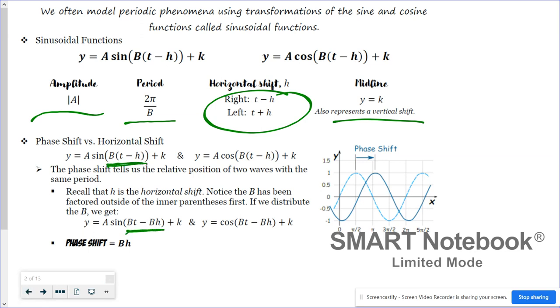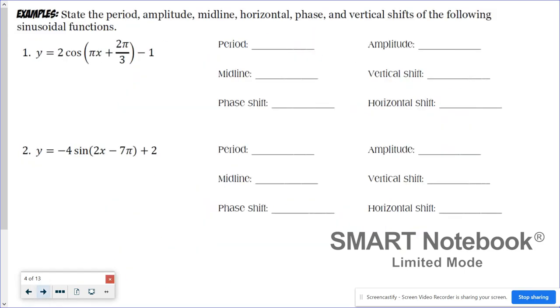If there is a coefficient in front of the input variable, in this case it's t, I factor it out, and I can then identify what the horizontal shift is. In its non-factored form, that b times h is your phase shift. So we're just going to analyze and identify phase shifts, but we're not really going to see them in our graphs. We've got to do some factoring. But let's just focus on analyzing.